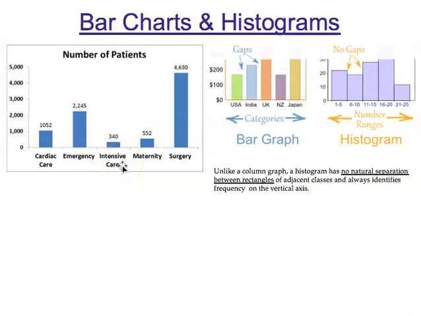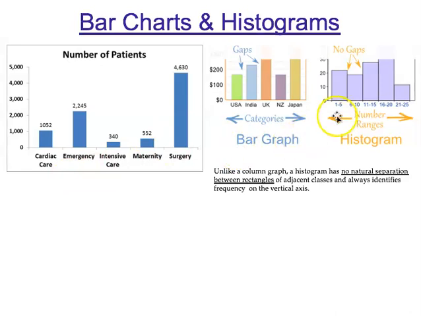If you want to convert a bar chart into a histogram, then you simply get rid of the gaps between the bars. And this is not always appropriate, especially when it comes to categorical data. Cardiac care and emergency care, having the space between there divides them in a neat and logical way.